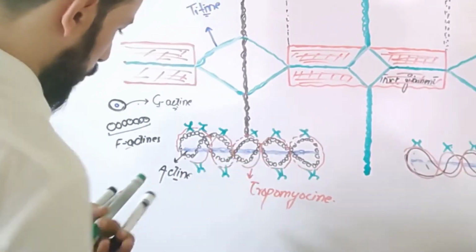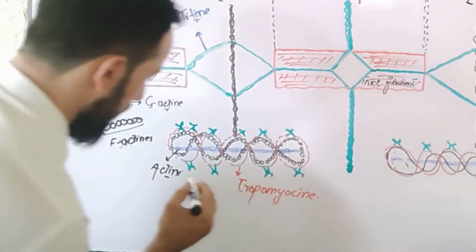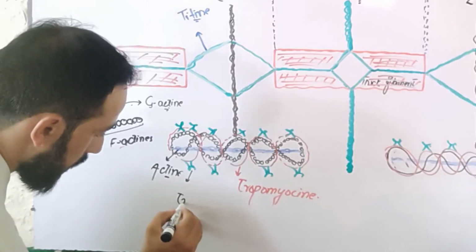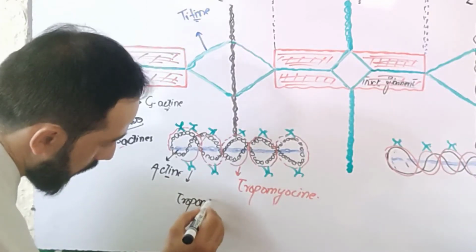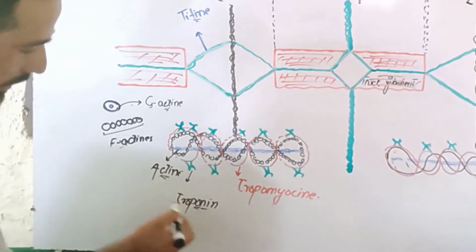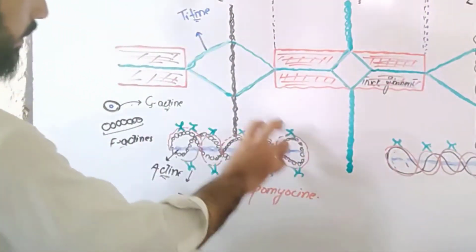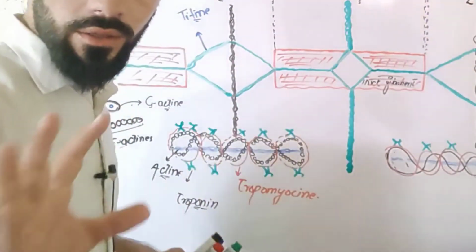This is called the troponin protein. Let me write its name here: troponin. So there is tropomyosin, there is actin, and there is troponin. These 3 proteins combine and make the thin filaments. The same thin filament will be found here, my friends.